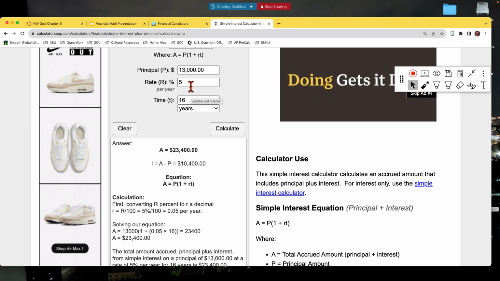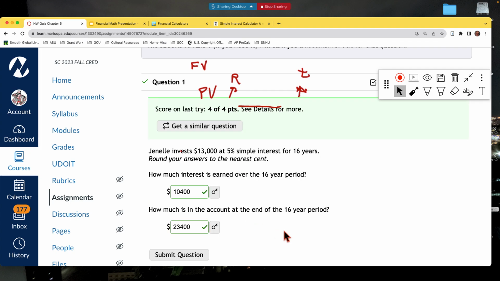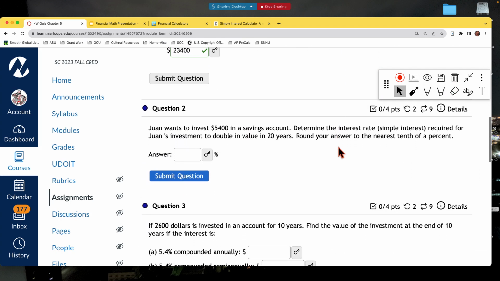So that's the 13,000 she deposited plus the interest, 23,400. So see, the mathematics is not so hard. It's just knowing where the values go. And if you get them wrong, sometimes you'll think, oh, that doesn't feel quite right.